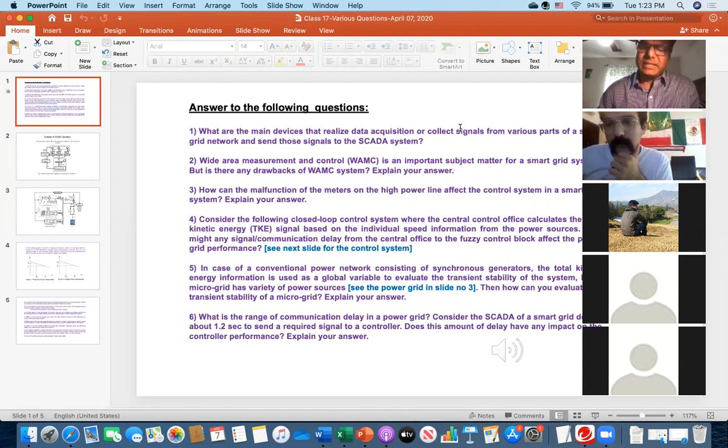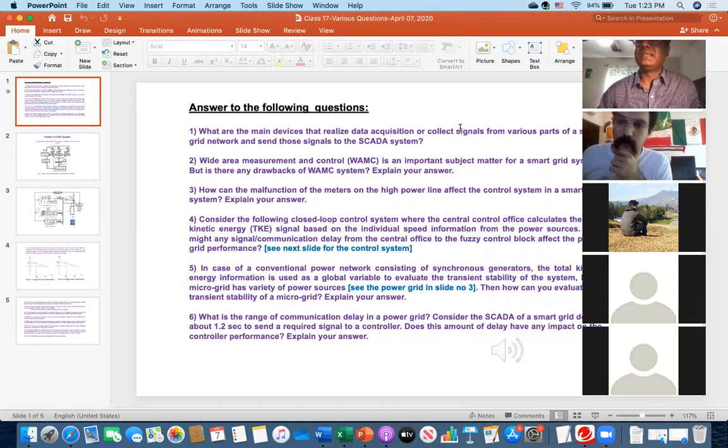By global, I mean a common signal. Definitely the synchronous generator is producing voltage, so in addition to the speed signal, the voltage signal is also going to the SCADA. But as a global variable, SCADA is just summing the voltage signal from all sources.